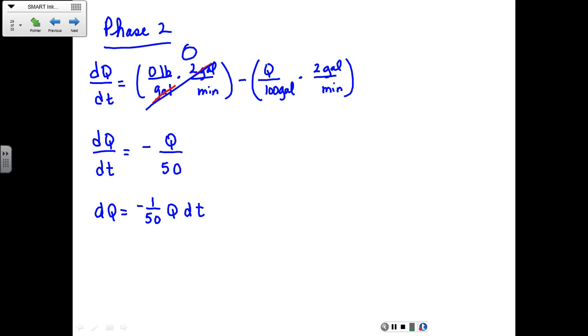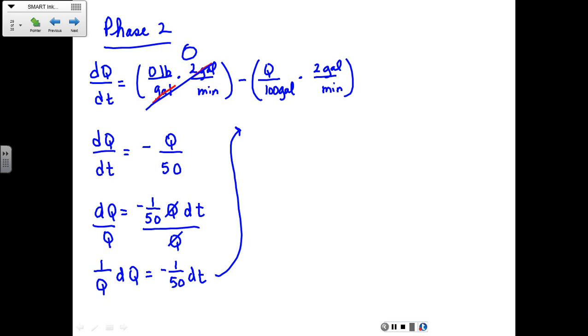I need to separate, divide the q on both sides. Integrate both sides.